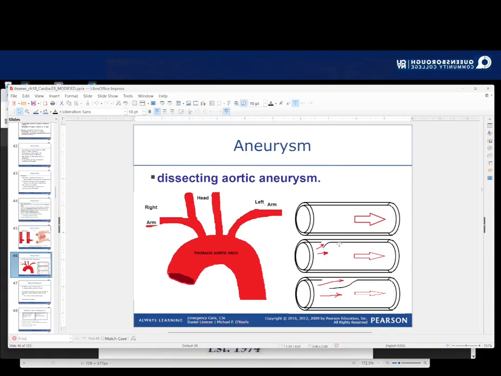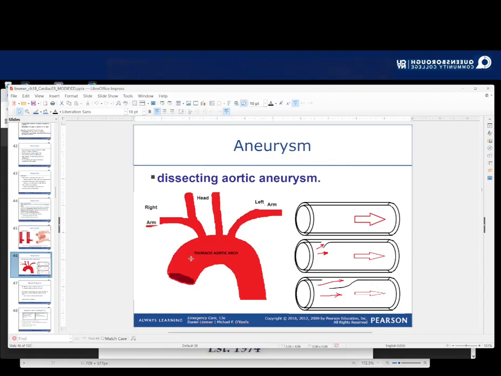But the internal membrane, the tunica intima, is under constant pressure, because imagine water coming out of a garden hose where the faucet is turned way up. That much pressure constantly can sometimes tear a little rip in there, but then the continuing pressure causes that rip to expand downstream.